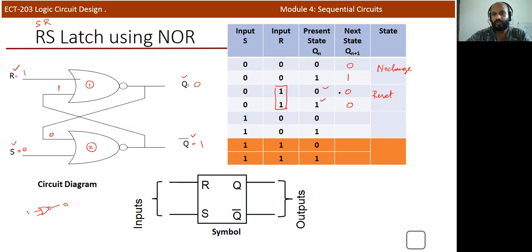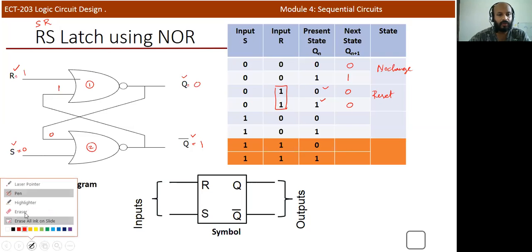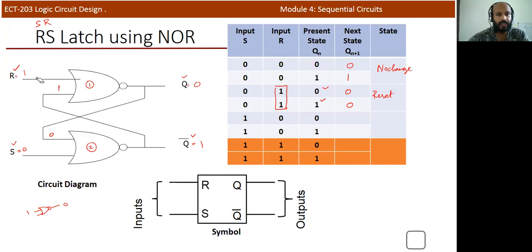If you know the truth table, we can verify that also. Now we need to consider the other possibility, that the RS inputs are R equal to 0 and S equal to 1. So you can see that here Q is equal to 0. First case we can consider: Q is equal to 0 means the second NOR gate input is 0.